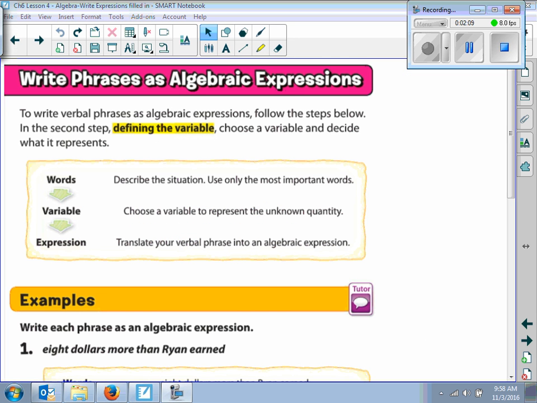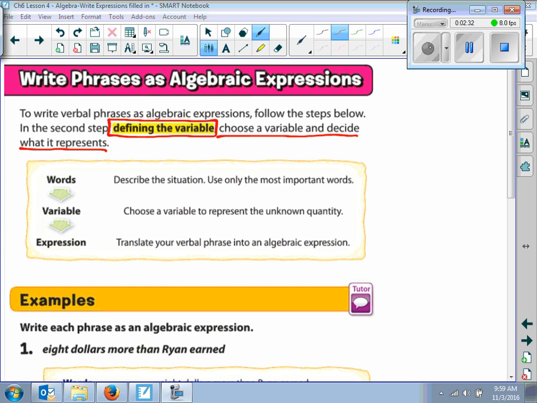So the first section here, we have write phrases as algebraic expressions. To write verbal phrases as algebraic expressions, we follow these steps right here. In the second step, we are going to be defining the variable. Please make sure you understand what it means to define your variable. That means to choose a variable and decide what it represents. So the steps we're going to follow are, we're going to describe the situation.